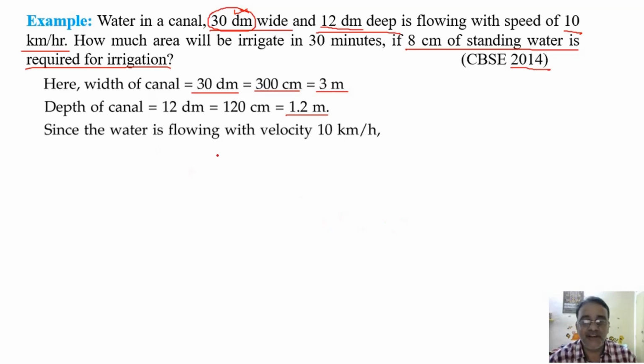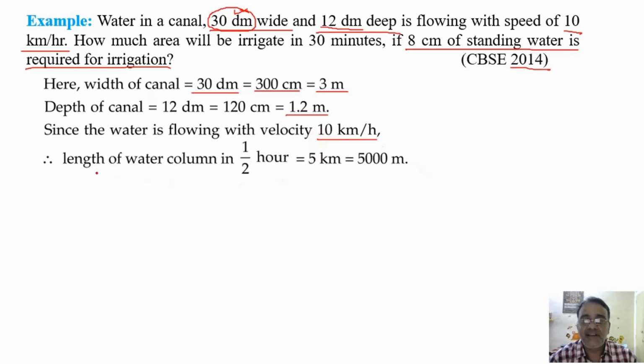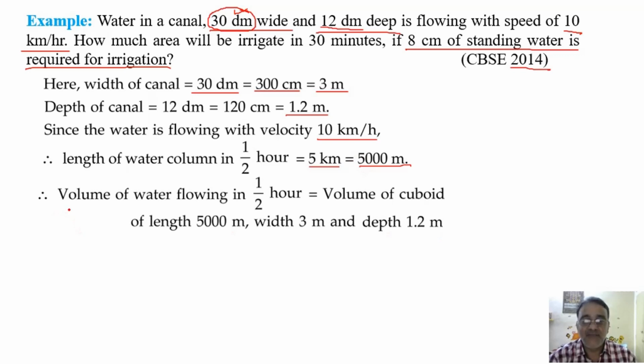So since the water is flowing with a speed or velocity of 10 kilometer per hour, therefore the length of the water column in half hour is 5 kilometer, that is 5000 meter. And the volume of water flowing in half hour is equal to the volume of a cuboid. Why cuboid? Because the water flowing in a canal will take the shape of a cuboid of length 5000 meter, width 3 meter and depth 1.2 meter.